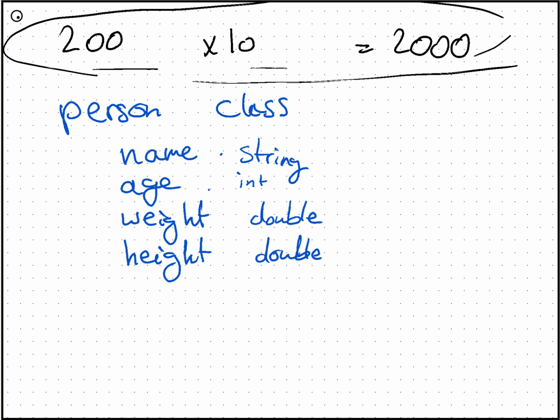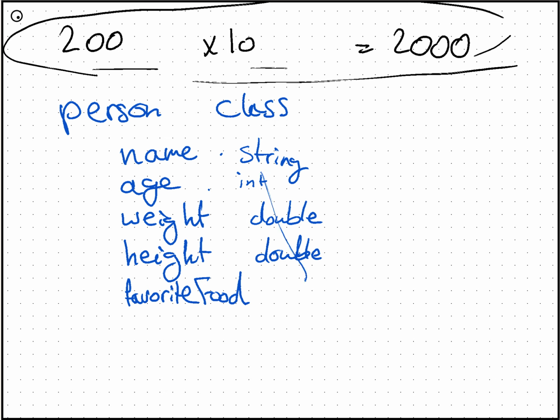Exactly. Now we want to add a favorite food to the person class. What should the type of favorite food be? Obviously it's not a number, so the only option we're left with is a string. Exactly.